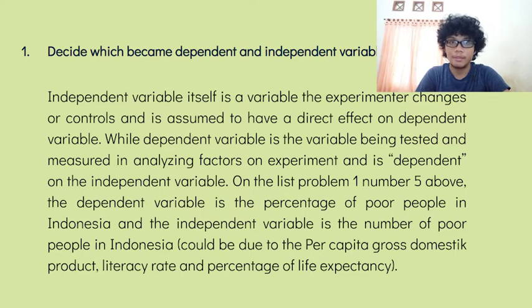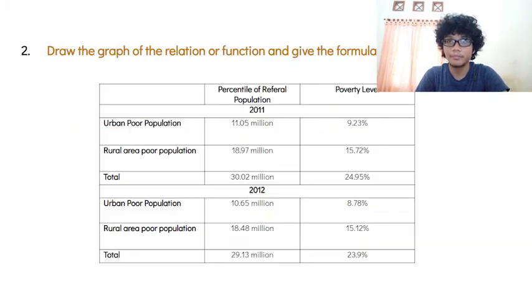So from problem 1 number 5 above, the dependent variable is the percentage of poor people in Indonesia, and the independent variable is the number of poor people in Indonesia. It could be due to the per capita gross domestic product, literacy rate, and the percentage of life expectancy.